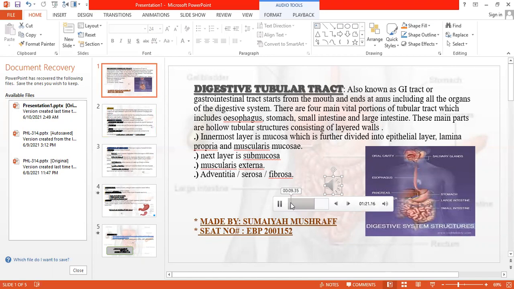The four main portions of the tubular tract associated with digestion are the esophagus, stomach, small intestine, and large intestine.